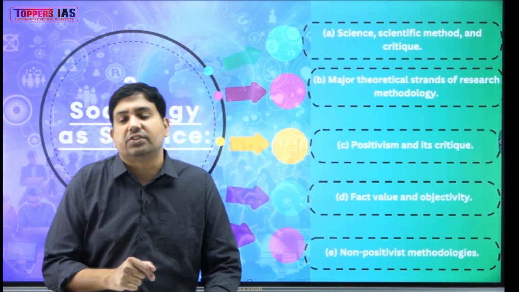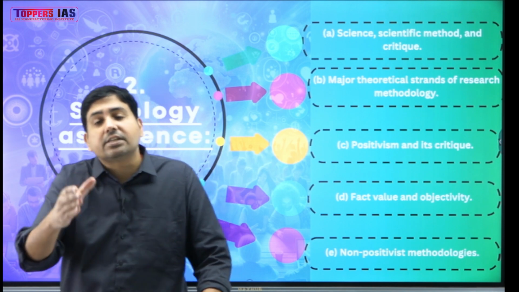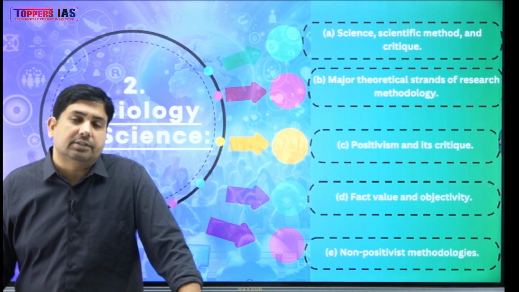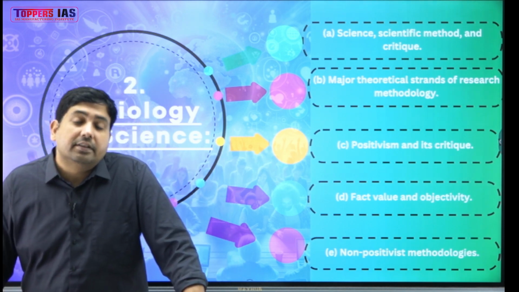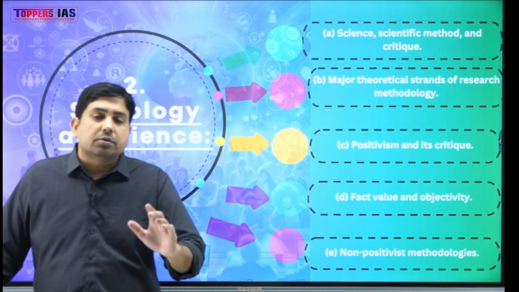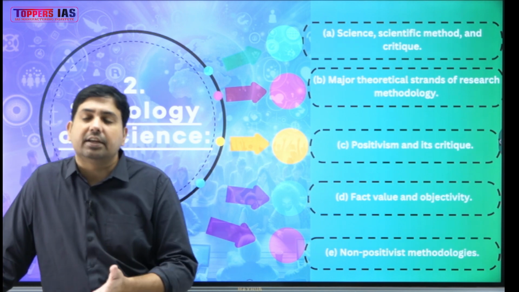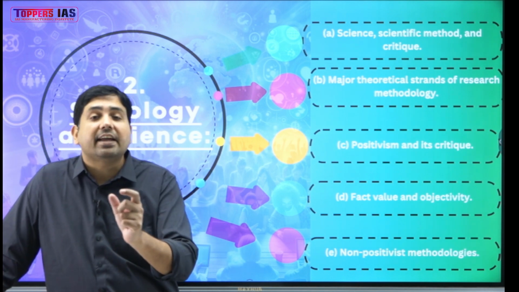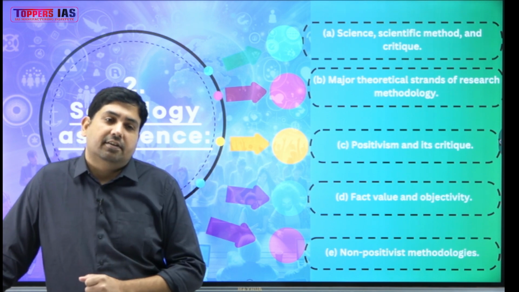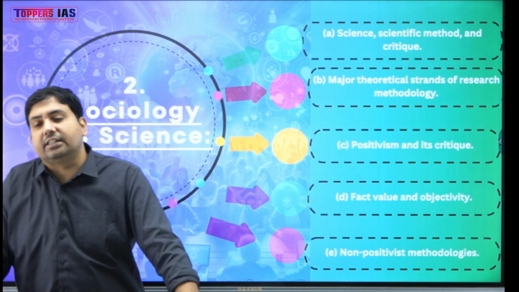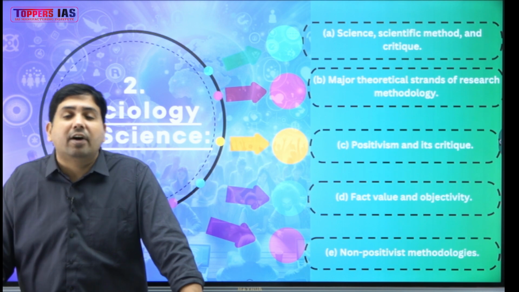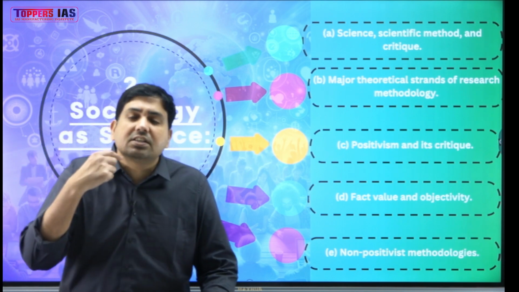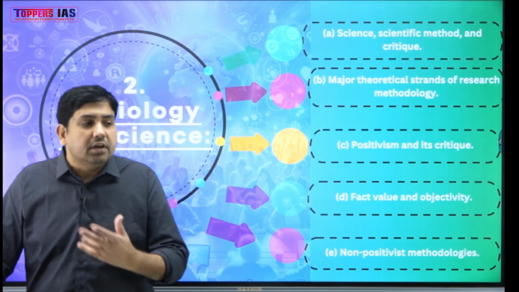This is what we study. And then there are various critics of positivism. Many sociologists argue that human beings are not like atoms or chemicals. We have a mind, we have consciousness, we have free will.